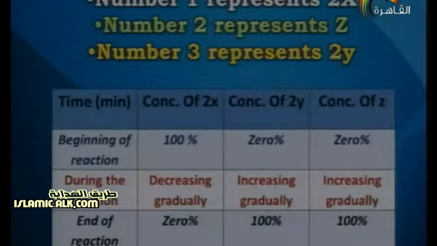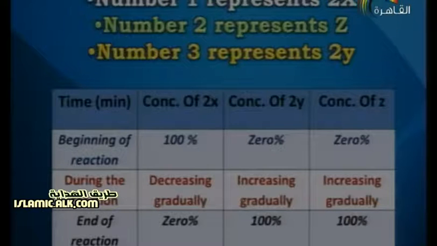We have the concentration of 2X. 2X is the reactant. In the beginning of the reaction, it's 100%. It's very easy to know this. Why? Because 100% means it is complete without any change, before or in the beginning of the reaction. The second one, we have the concentration of 2Y. It's 0%.